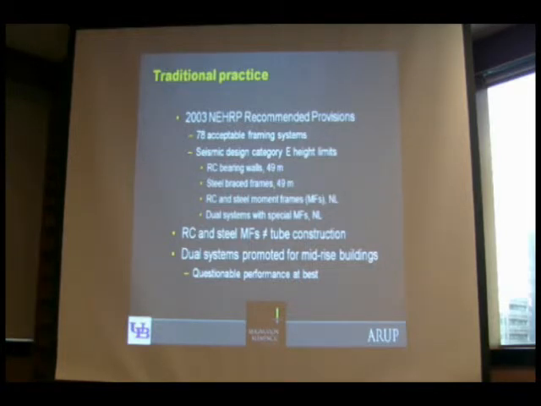And the problem here, of course, is that steel moment frames and dual systems aren't really appropriate for very tall buildings. These are not framing systems you would use in 60, 70, 100-story buildings. I should point out that when we talk about reinforced concrete and steel moment frames in the United States, these moment frames don't correspond to tubular construction, which is one type of framing system used in tall buildings.